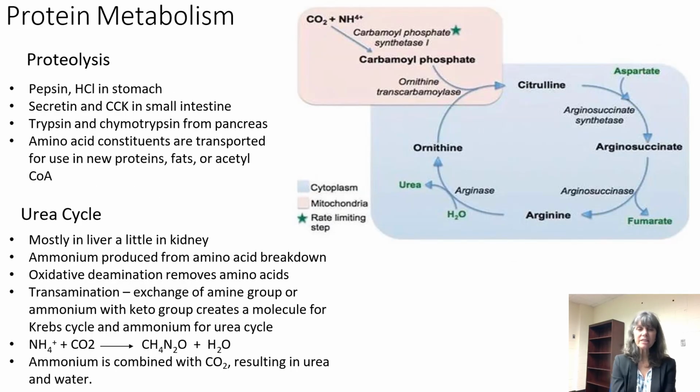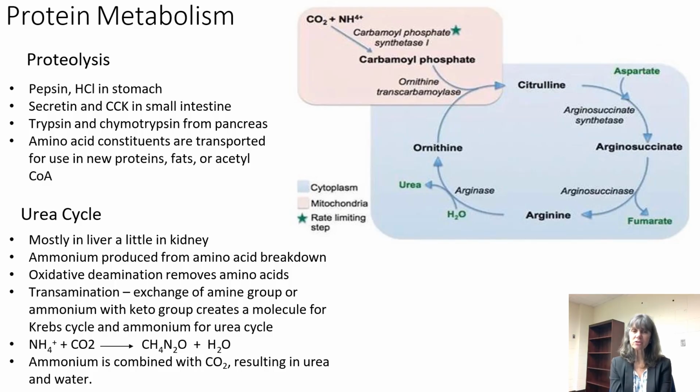As far as protein metabolism goes, proteolysis, which is the breakdown of protein, occurs initially with the enzyme pepsin and hydrochloric acid in the stomach. Remember, pepsinogen is what is initially produced and that is cleaved by the hydrochloric acid into the active enzyme pepsin.